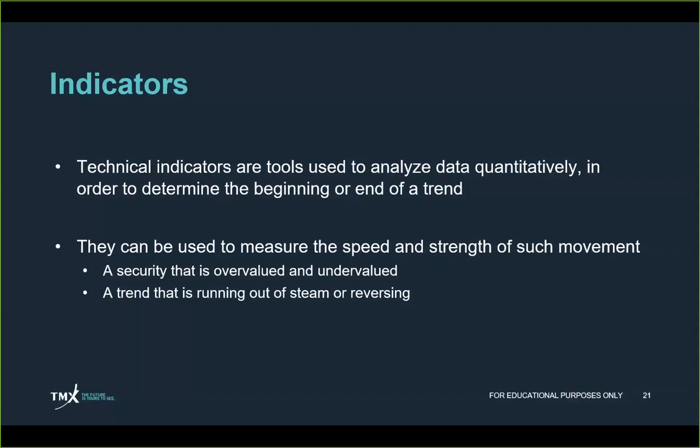Even though we see the price action going higher, if we can see that the move is losing steam, we might be more inclined to, number one, take profits. Number two, maybe overlay a call writing strategy, because now we see that the momentum is slowing and we're not necessarily going to cap our upside.